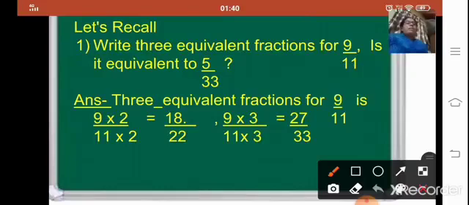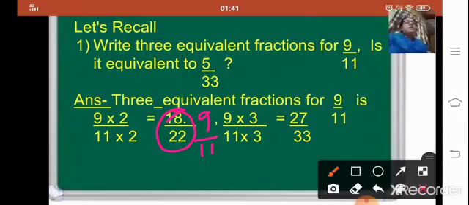When you multiply the numerator by any number, the same number has to be multiplied with the denominator also. Now 18 upon 22, when I reduce it to its lowest term, 2 9s are 18, 2 11s are 22, so again it comes to 9 upon 11. That means it is equivalent to 9 upon 11.